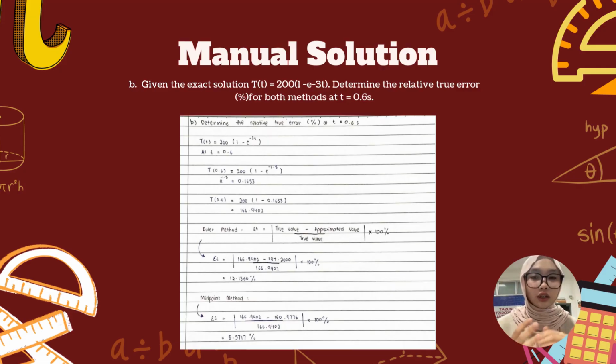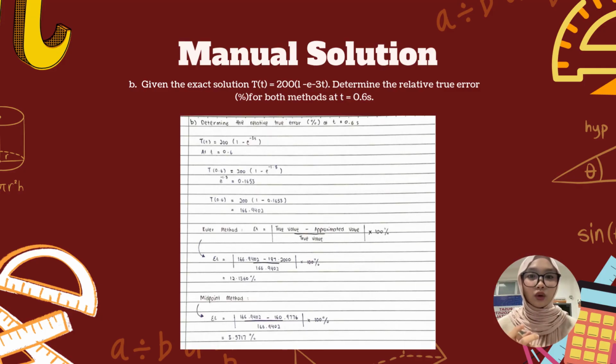Okay, so for question B, determine the relative true error at t equals 0.6. For the true answer, instead of guessing step by step, we plug t equals 0.6 into the exact calculus formula to find the real temperature. The formula: T of 0.6 equals 200 times (1 minus e to the negative 1.8).